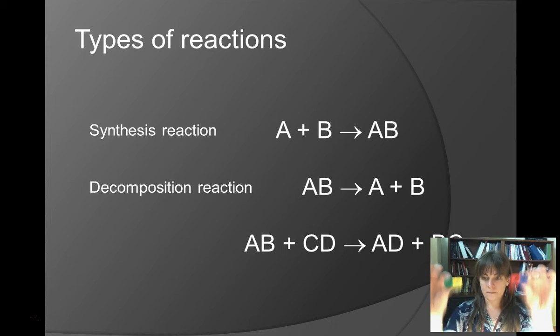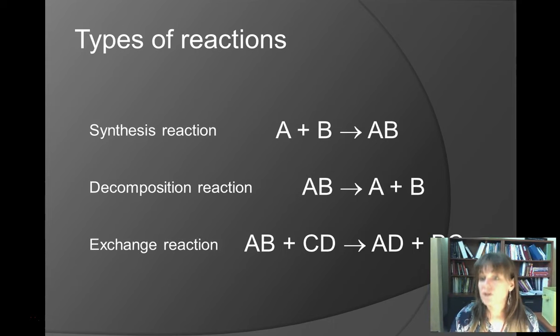Okay. Now this makes sense. Switched partners, we've exchanged partners. Okay, so it's called an exchange reaction. And we'll see this a lot in energy reactions, particularly when we get to some of the muscle metabolism reactions. And so I'll point those out then because it'll make more sense to point it out then. But I want you to go ahead and be familiar with this type of reaction right now.